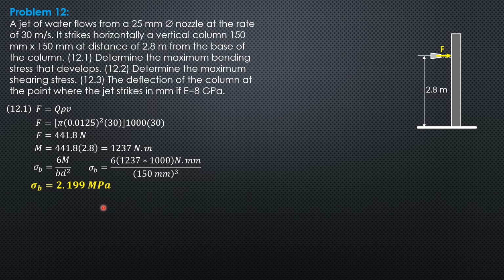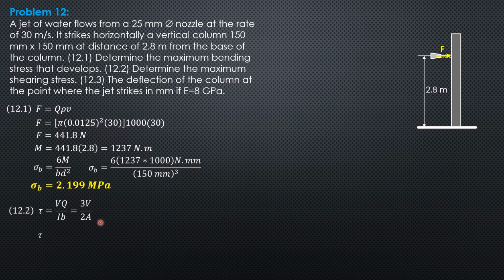The maximum shearing stress, from shear stress VQ over Ib, reduces to 3V over 2A for rectangular sections. So maximum shear, Q is not the discharge. Remember from mechanics of materials, maximum shear stress is this 441.8 newtons.